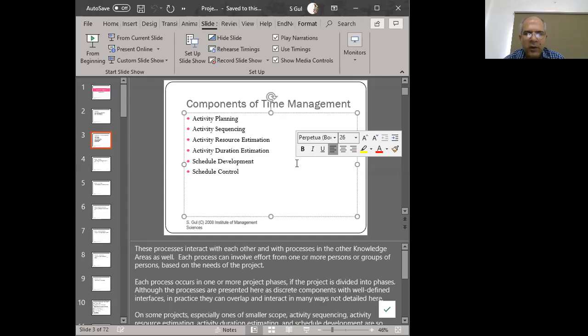So we're not only thinking about the minimum time that we need to complete an activity, we're also thinking about the number of people required to complete that activity in that minimum amount of time that we have available, right? So that's the sense behind activity resource estimation and its duration estimation.